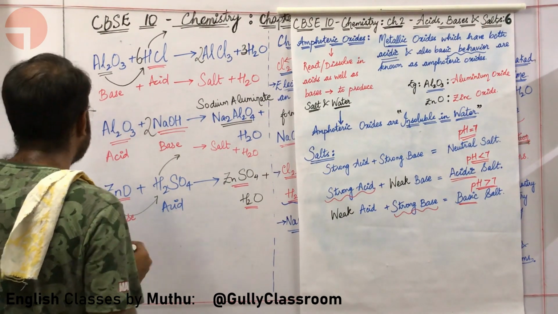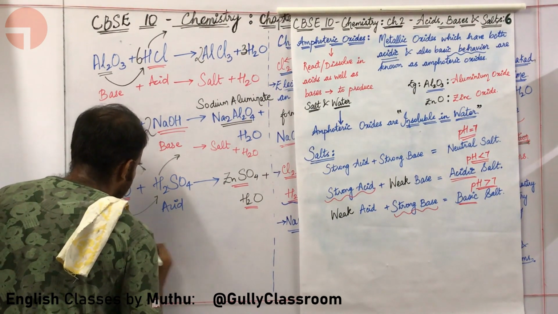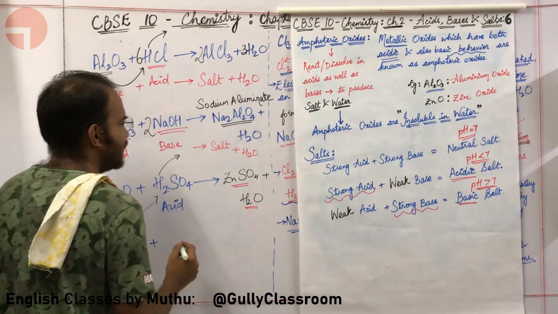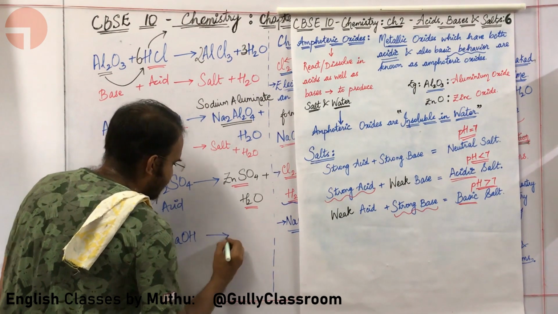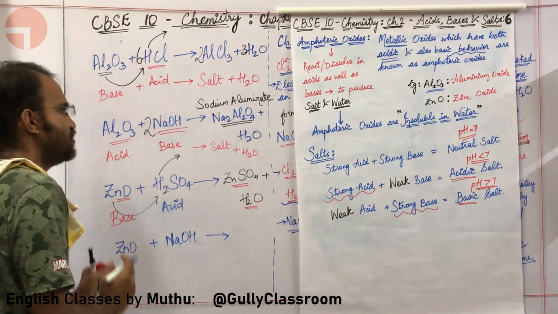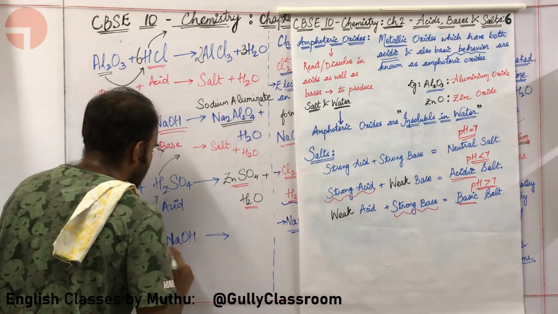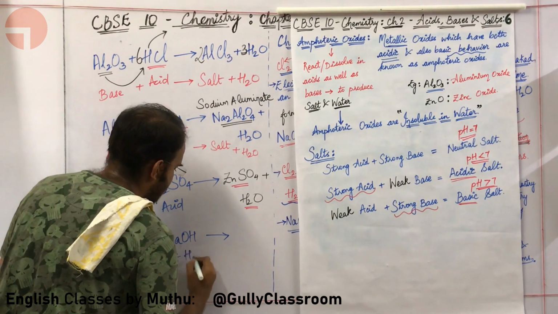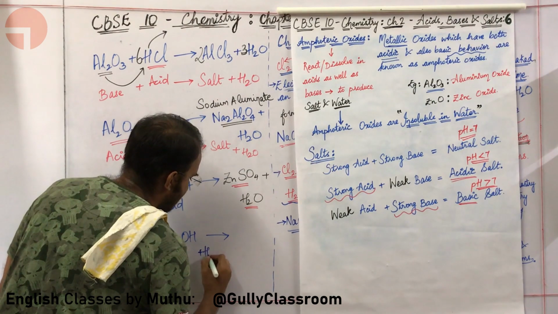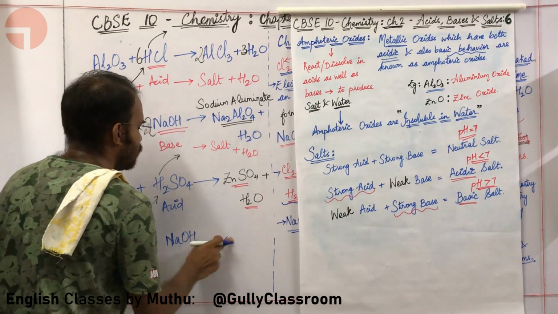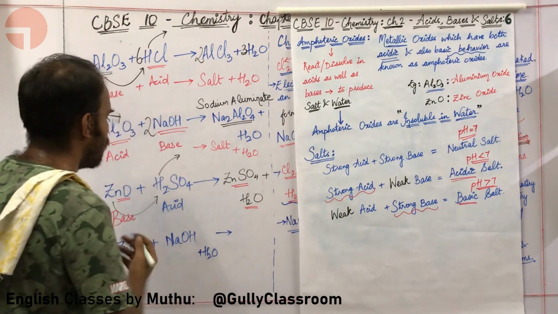Okay sir, how does zinc oxide react with our standard base, which is NaOH caustic soda? In this particular reaction, I will have an extra water molecule. So with this particular reaction, what will I get?